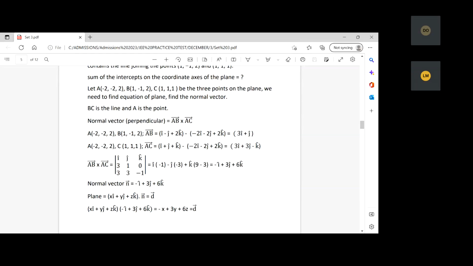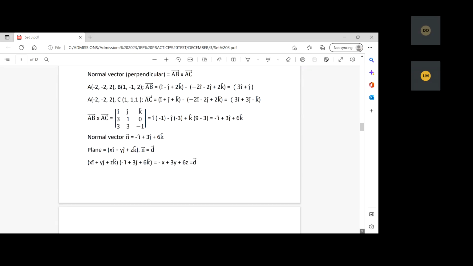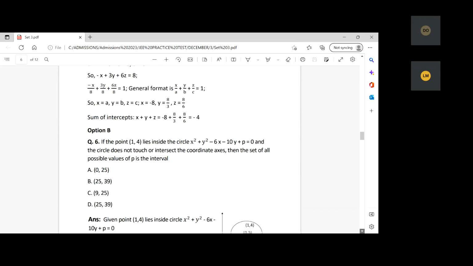Now moving on, we have another question, which asks you to find out the interval. If the point 1, 4 lies inside the circle x square plus y square minus 6x minus 10y plus p equal to 0, the point that has to be noted is that the circle does not touch or intersect the coordinate axis.